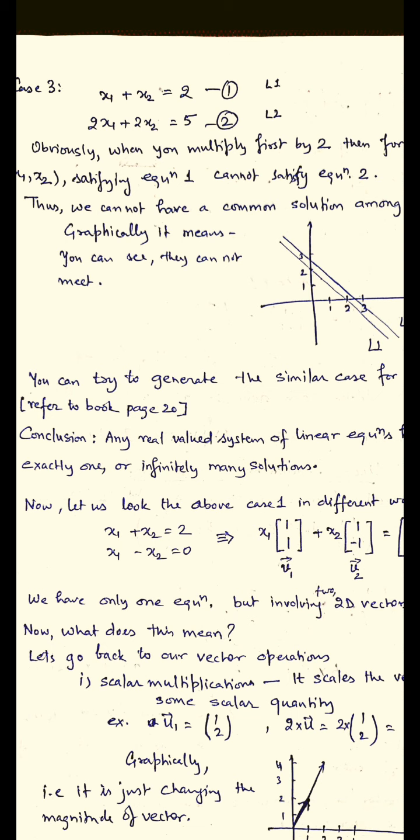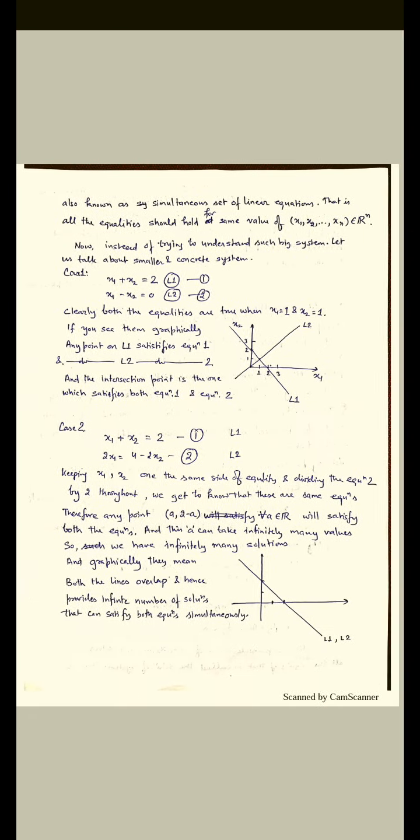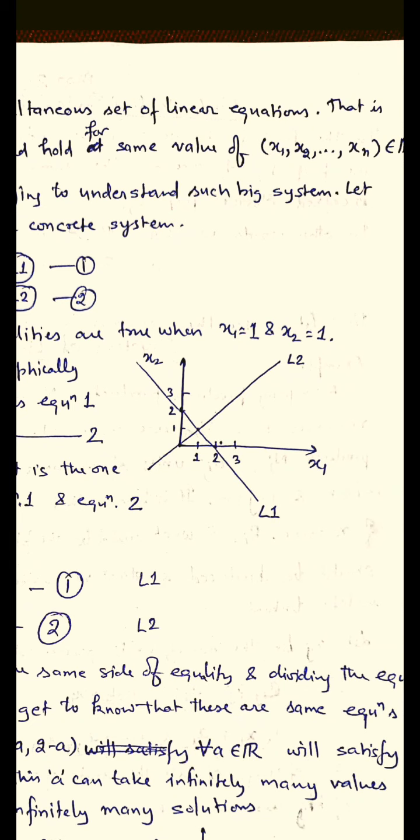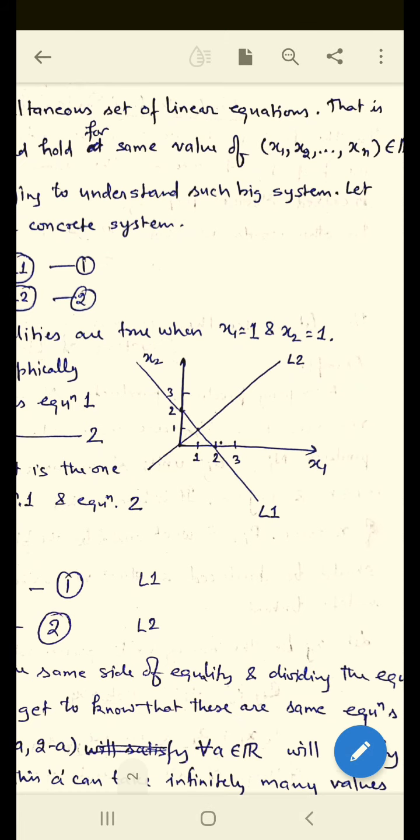While in the other case where the ratios do not match, you get a very straightforward case. You get a unique solution, one particular intersection point, and that's your case.